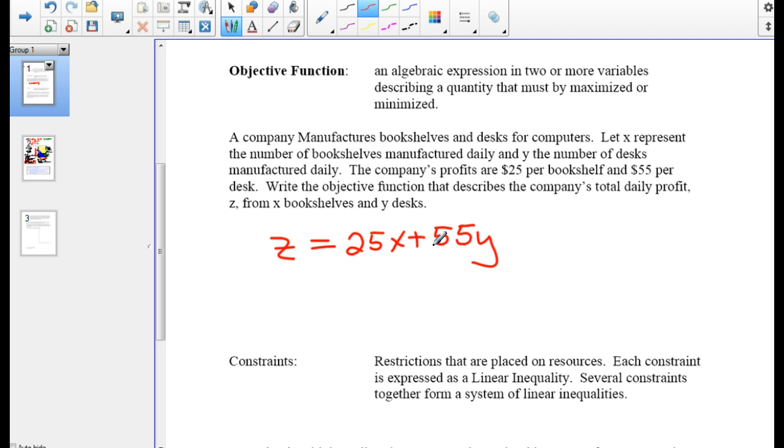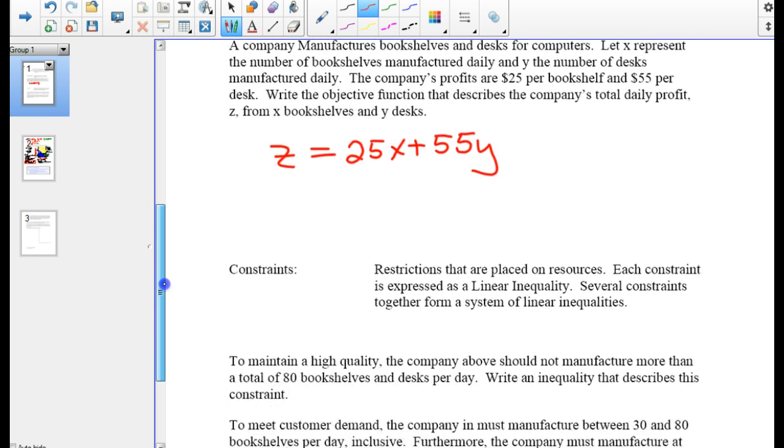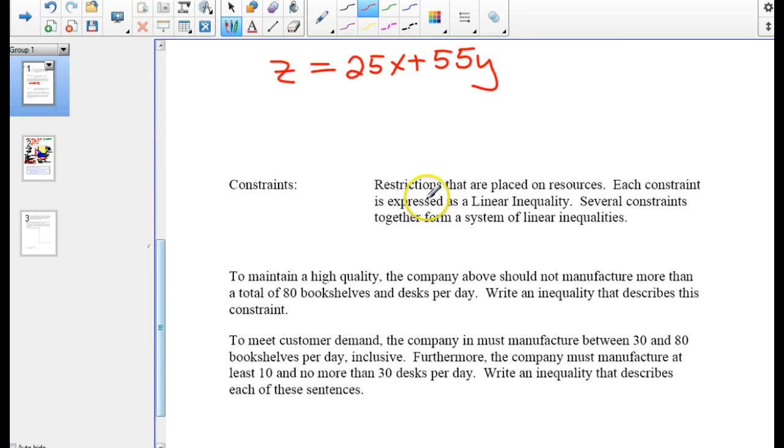Now that we know our objective function, we've got to find our constraints on the function. A constraint is a restriction that is placed on the resources. Each constraint is expressed as a linear inequality. Several constraints together form a system of linear inequalities.